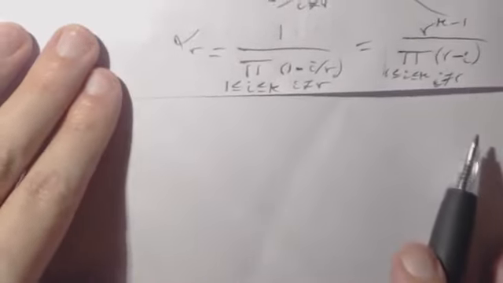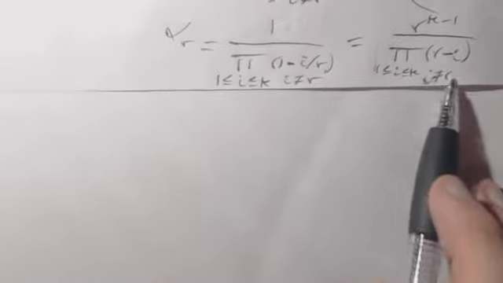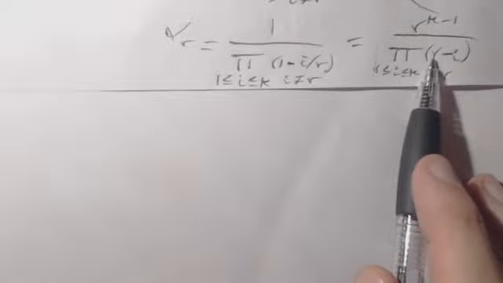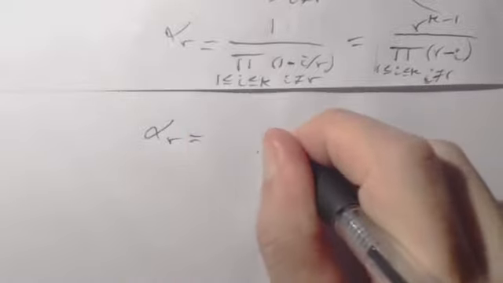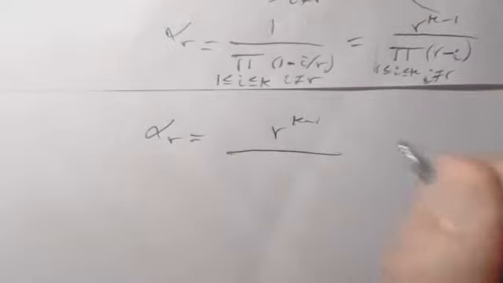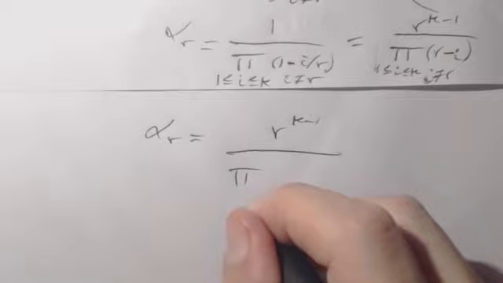So what's going on here? We had this formula here, and what we've got now is that for when i is less than r, this is positive, so I'm going to split it into 2. So we got alpha r is equal to r to the k minus 1 over the product.